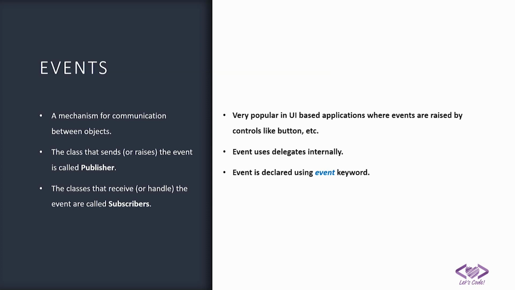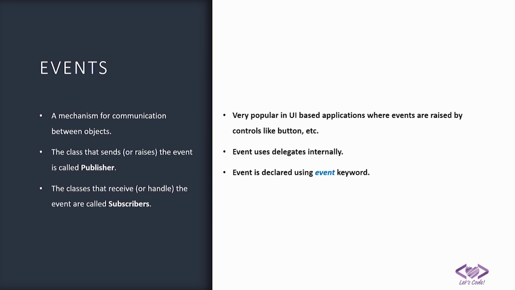In .NET, we can use this concept to talk between two classes also without UI. Normally the class that sends or raises the event is called the publisher, and the classes that receive this event or handle it are called subscribers. So it's kind of a publisher-subscriber model.